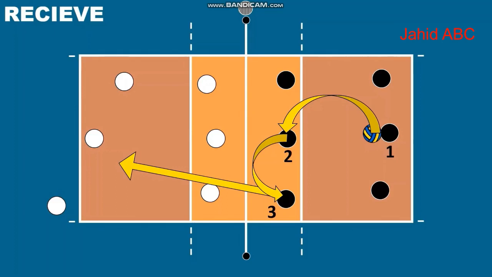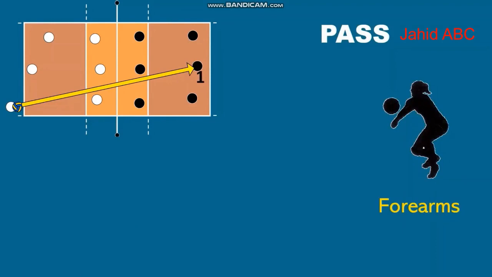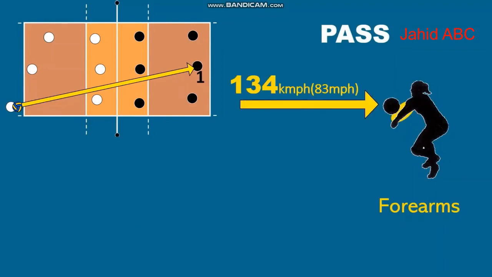And why do they need 3 shots? You will understand right now. The very first shot when you are receiving a serve is known as a pass. In the pass, forearms are used because the serve comes at 83 miles per hour. That's massive. That's really fast.